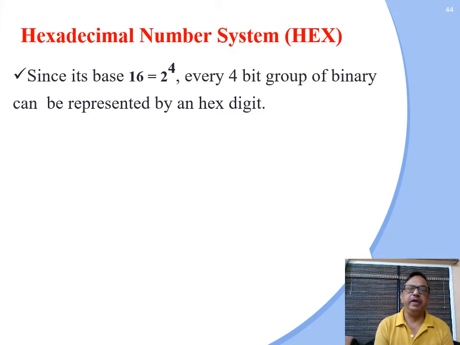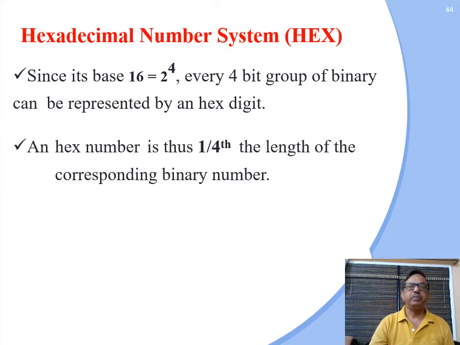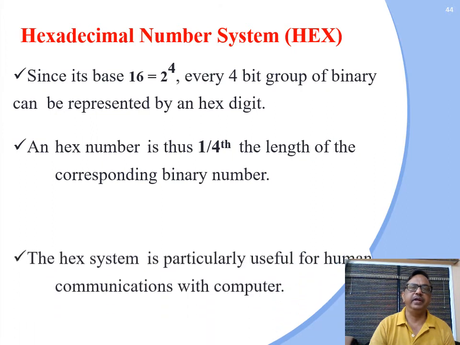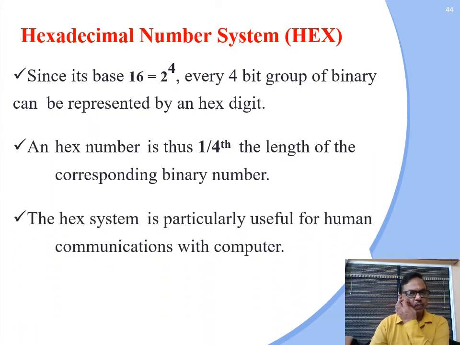It means whenever we convert a hexadecimal number into a binary number, we simply replace each digit of the hexadecimal number by 4 bits of binary. It means a hex number is 1/4 the length of the corresponding binary number. The hex system is particularly useful for human communication with computers.